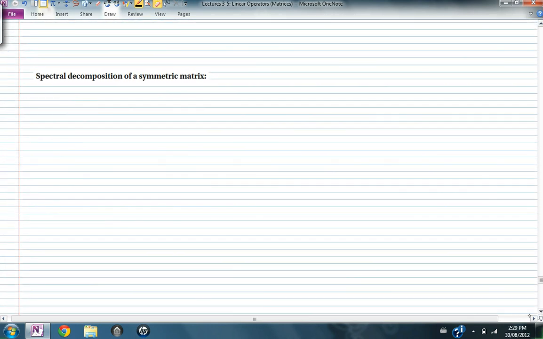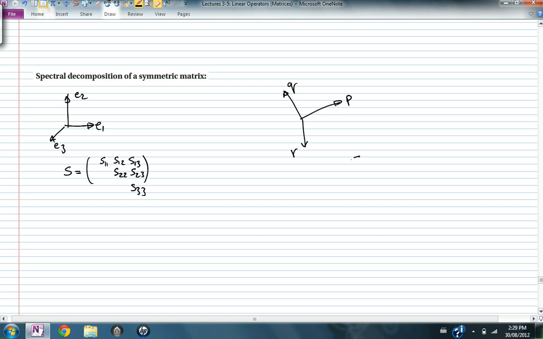The spectral decomposition of a symmetric matrix refers to the fact that if there is a coordinate system E1, E2, and E3 in which a matrix S is symmetric, I can find another coordinate system in which the new matrix S, or the representation of S in this new system, is diagonal.